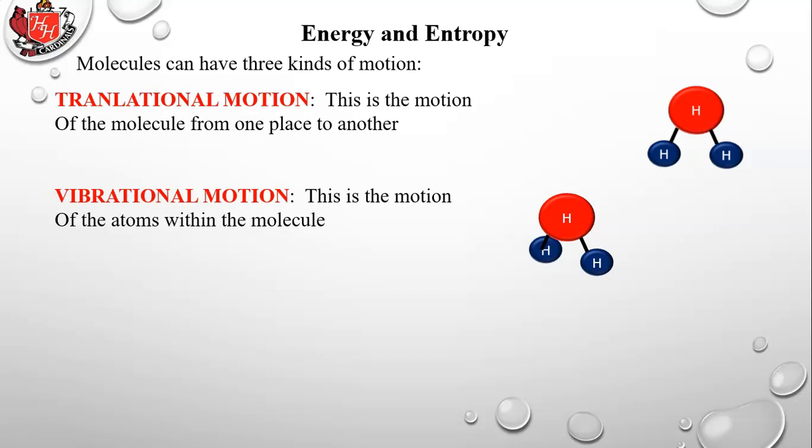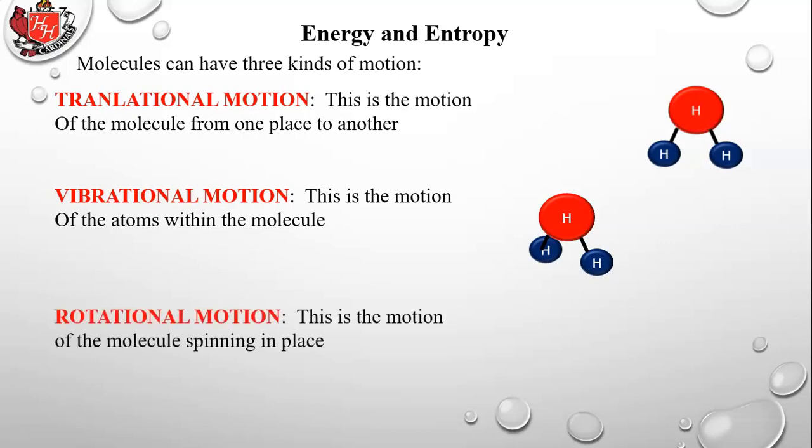They're wiggling, they're moving around. And rotational motion, so this is the motion of a molecule spinning around in place. That's rotational motion. So those are the different types of motion that you can have in molecules.